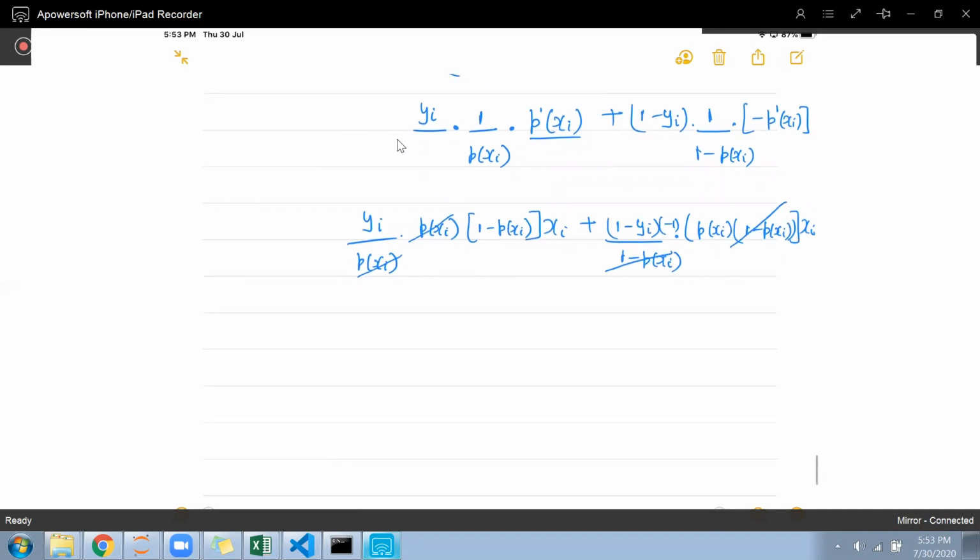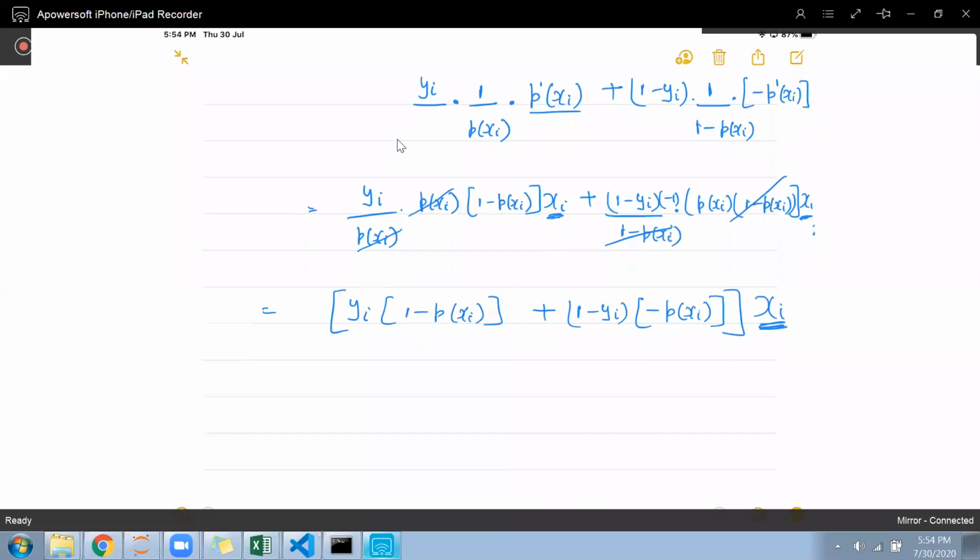Now let's see what will be the output. So it will be yi, 1 minus p of xi, because xi is common in both the terms, so I will take xi common, plus 1 minus yi, I'm taking this negative sign inside, so negative p of xi, and this xi I'm taking as common, because this is present in both the terms.